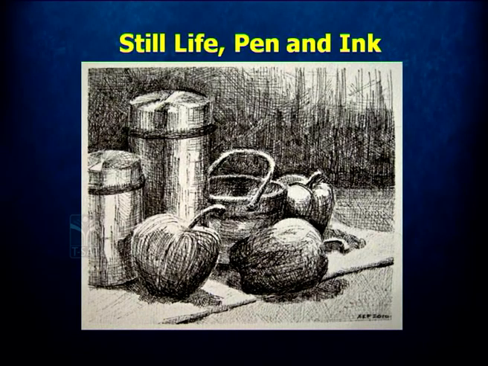This is another example where the artist is using pen and ink. So, here he is using just the linear line of the pen, unlike charcoal where you can smudge and manipulate the material or the medium. Here you have only the single line.